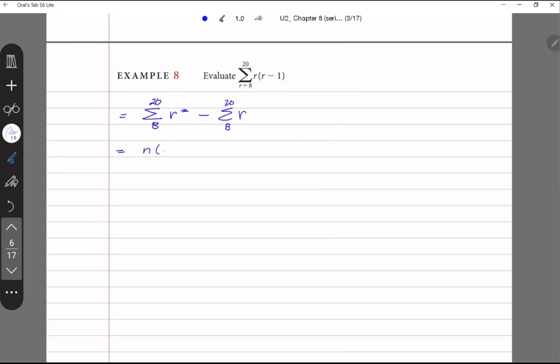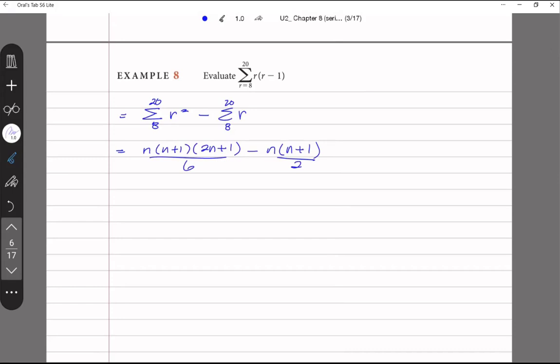So this is n times n plus 1 times 2n plus 1 over 6, minus n times n plus 1 all over 2. As I said, I like to work the thing down to one formula, because if I don't, I'm going to end up having too much calculation, or 4 sets of calculation to do.